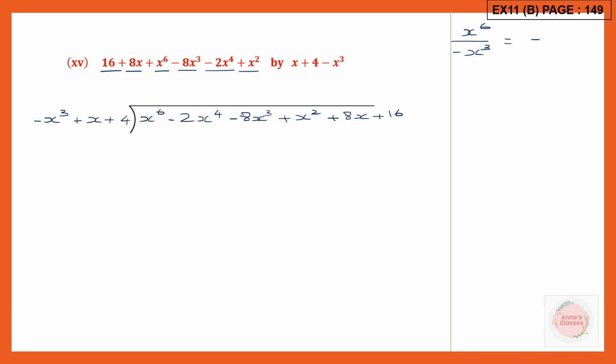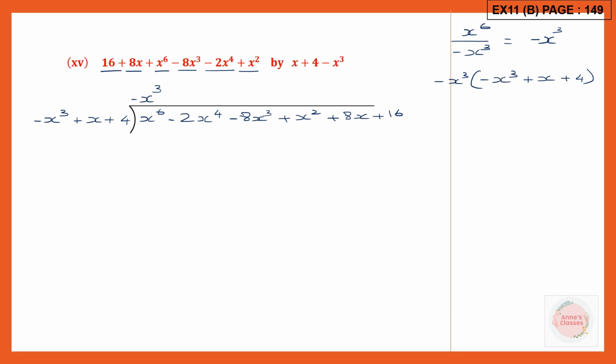Here we have minus, then x to the power of 6 minus 3 is 3. So we have minus x to the power of 3. What's the next step? We have to multiply this with every term inside the divisor. So let's do that. So that is minus x cubed into minus x cubed plus x plus 4.